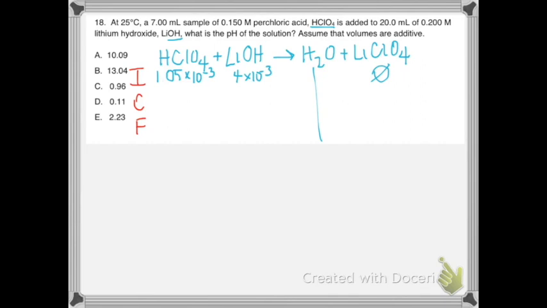Okay, then we think about our limiting reagent, which we're going to run out of first. And here we see that it's the perchloric acid. So everything is going to change by 1.05 times 10 to the minus 3 moles.